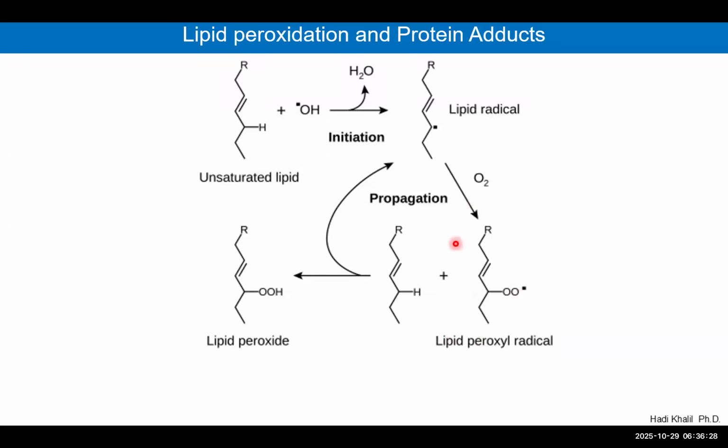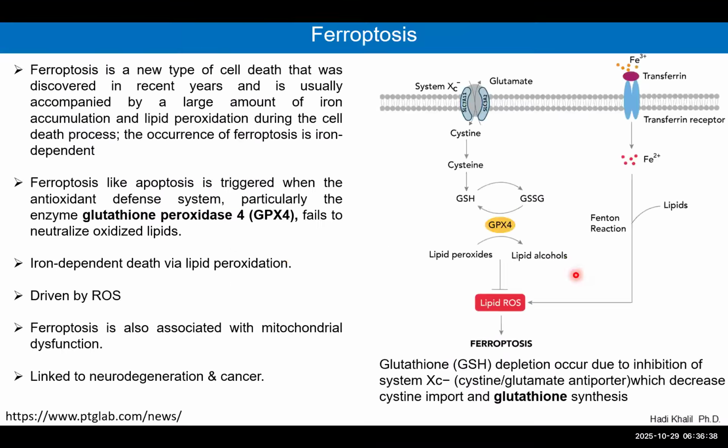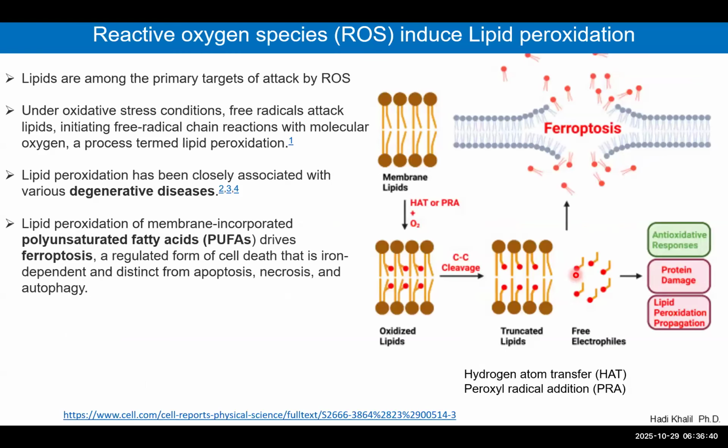And then this will go on another cycle and another cycle and another cycle. Okay? So that's how lipid peroxidation causes the damage to the membrane.